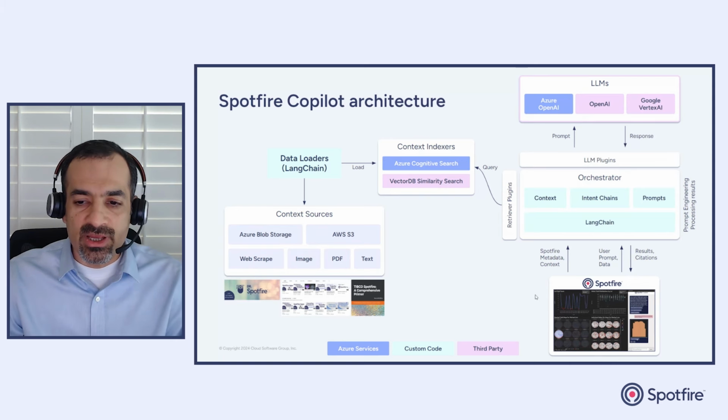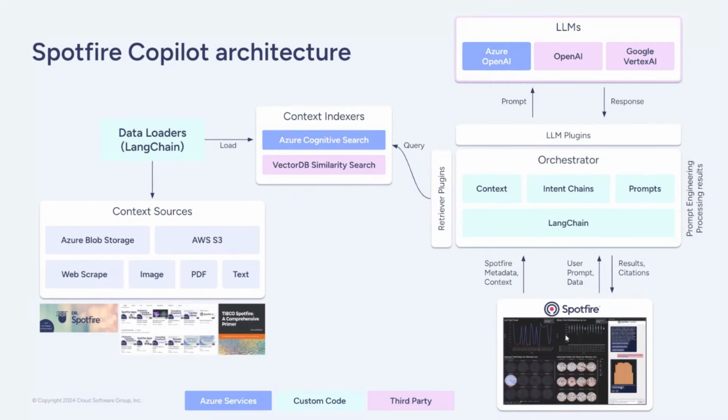So to orient you here, on the bottom right, you see Spotfire. That's where the end user lives. Imagine a dashboard, and the user kicks off a conversation with Spotfire Copilot.